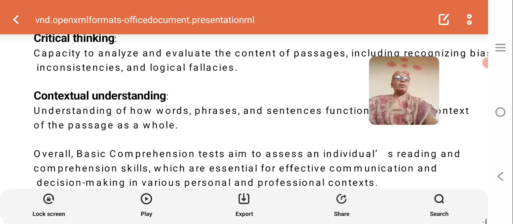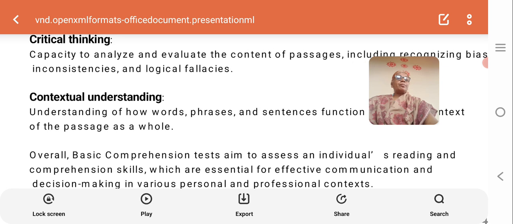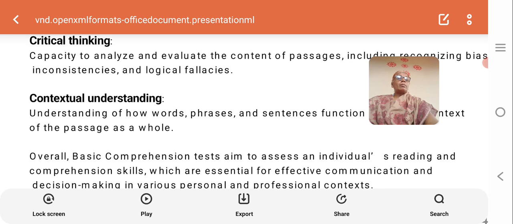To conclude, comprehension techniques enhance our capacity to analyze and evaluate the contents of the passage, including recognizing biases, inconsistencies, and logical fallacies.